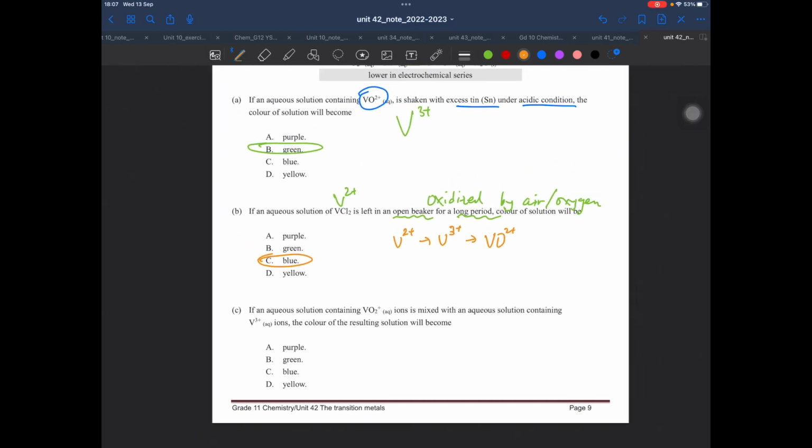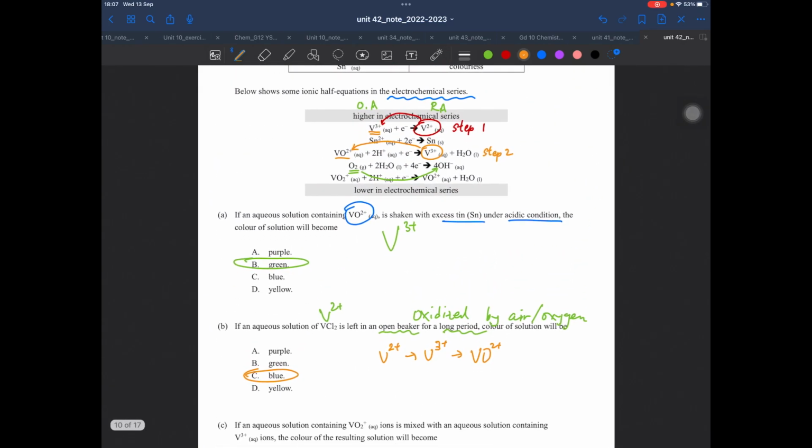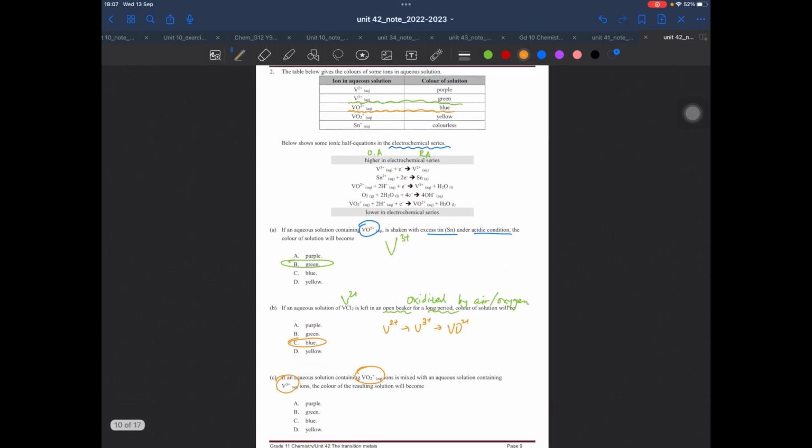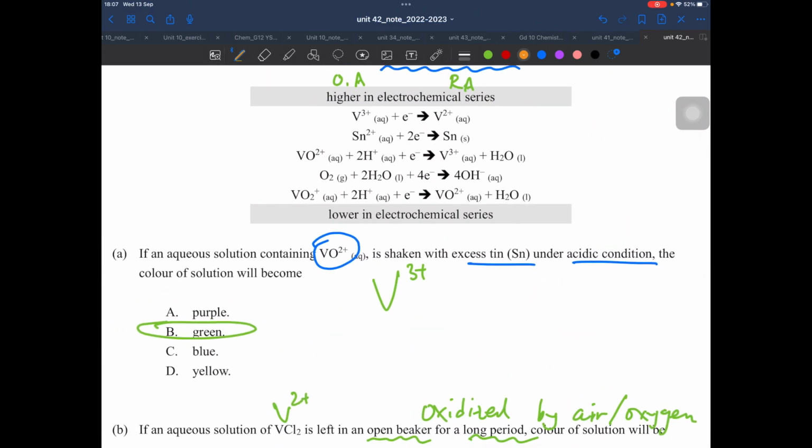Well, finally, it's your turn. Maybe you can try it. Okay, the final one, and pause the video first. VO2 plus and V3 plus. So let me write down. VO2 plus is here, one and only one. V3 plus is here, anti-clockwise relationship.